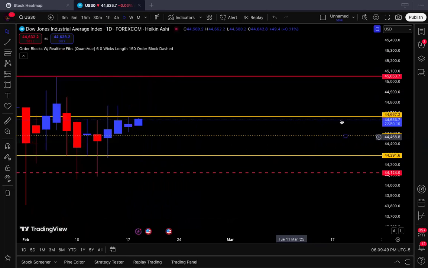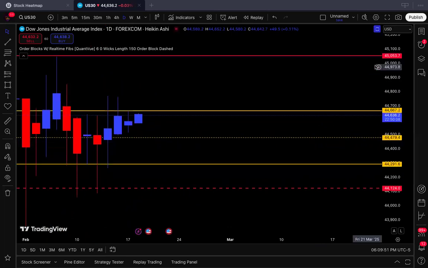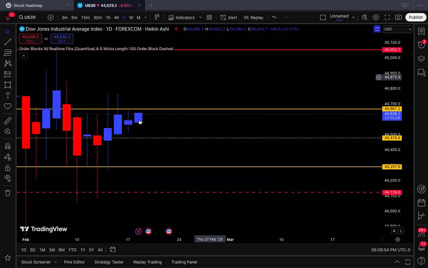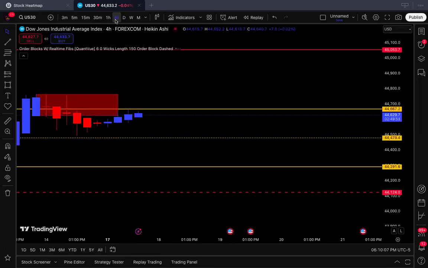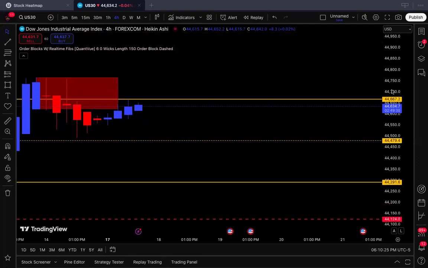We look at our day candle first. And it's looking like the day candle is making a lower high and rejecting from the weekly high. It's rejecting from the weekly high.